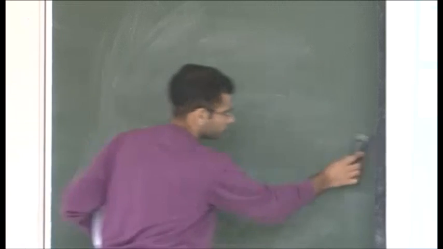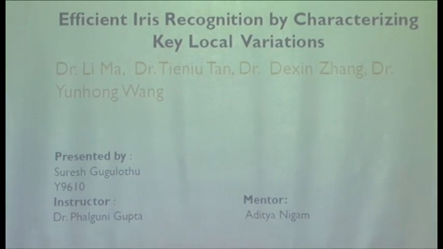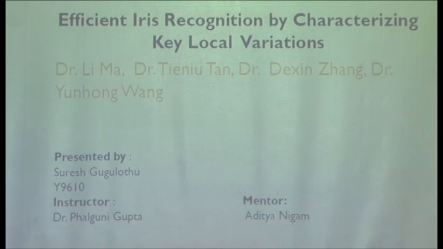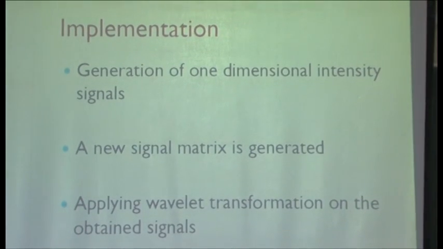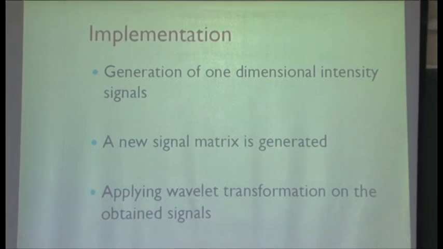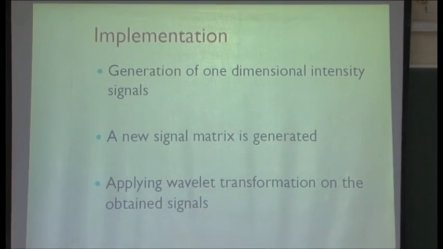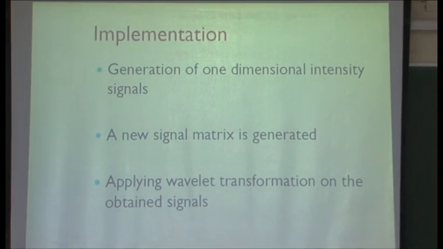What is your number? 9610. Good morning, everybody. My presentation is on efficient iris recognition by characterizing key local variations. I have implemented this paper. First, I have generated a one-dimensional intensity signal, and a new intensity signal matrix is generated.